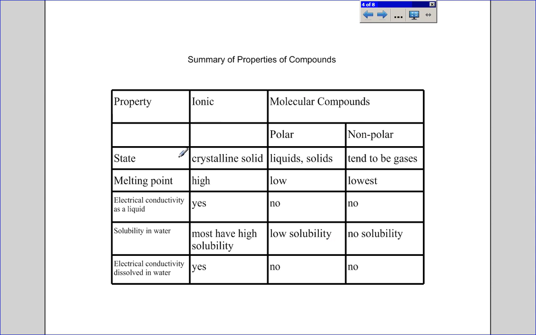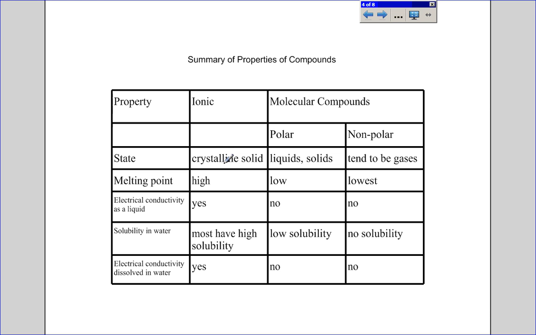So first of all, for the state, ionic compounds tend to be crystalline solids. As you know, the ions within ionic compounds are organized in a very rigid manner in a crystal lattice, giving rise to their crystalline nature and their ability to reflect light in the way that they do. Molecular compounds that are polar tend to be liquids and solids.